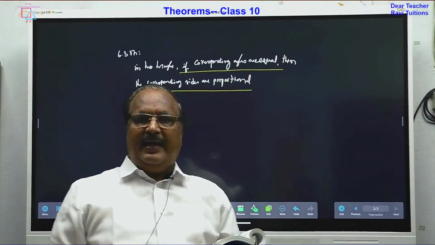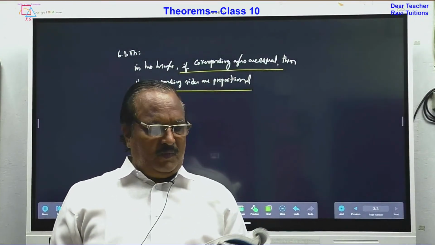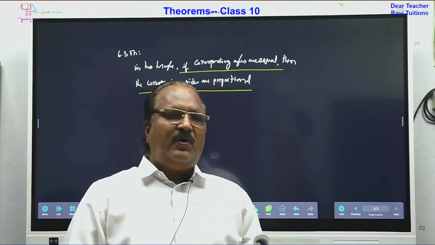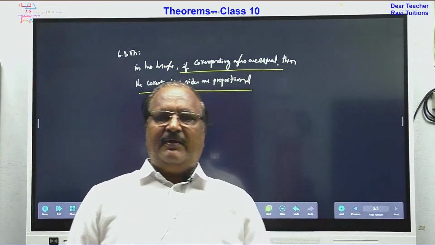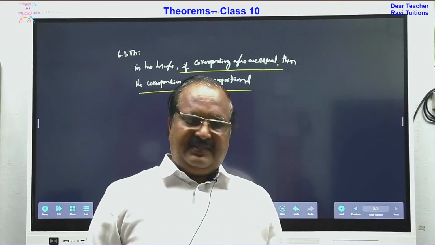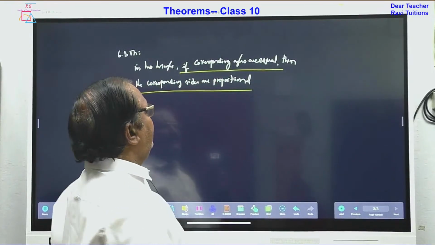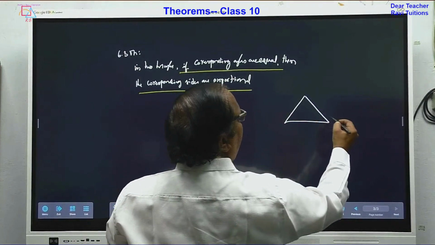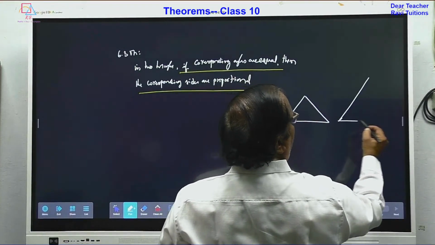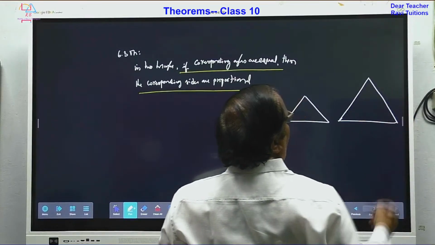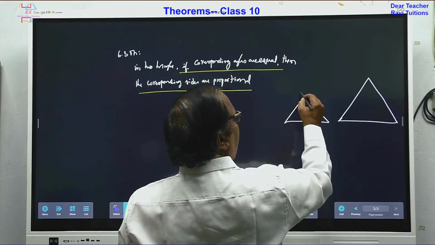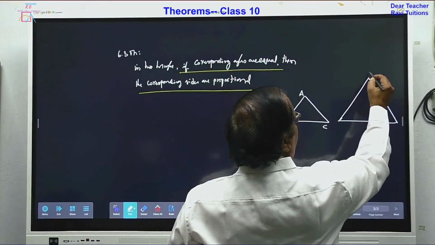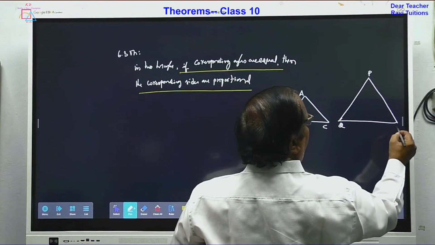This is the angle theorem. Not very important, but we have to use congruence in this. I will just explain; I am not going to write step by step. Let us take two triangles. Let us name them ABC and PQR.